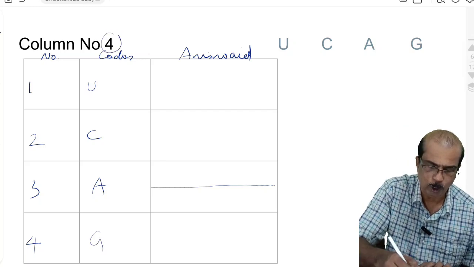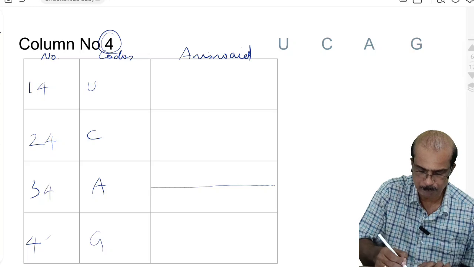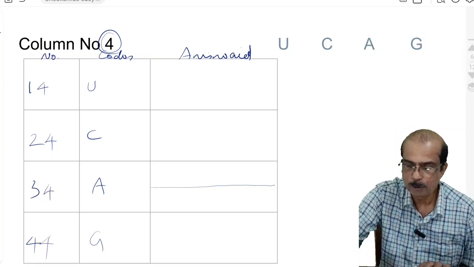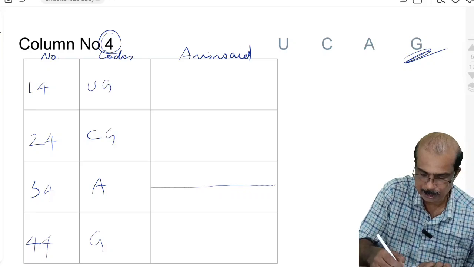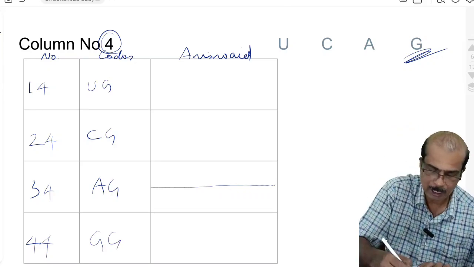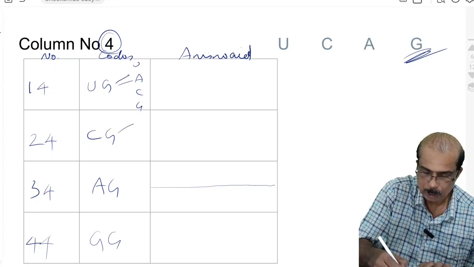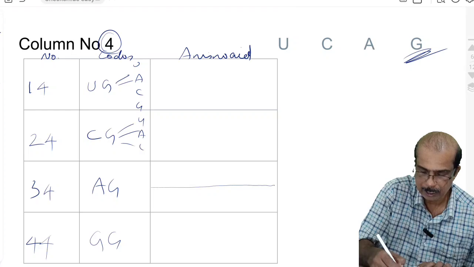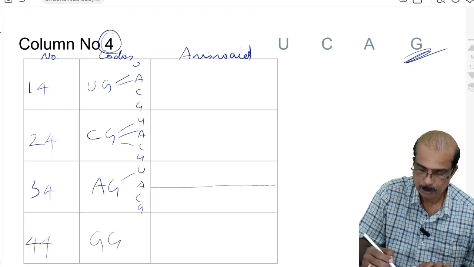Being the fourth column, the next digit is 4 everywhere. The fourth nitrogen base is guanine, G: UG, CG, AG and GG. You put the second nitrogen base there. Here, UGU, UGC, CGU, CGC, AGU, AGC, GGU, GGC.